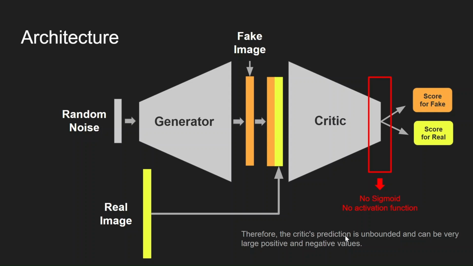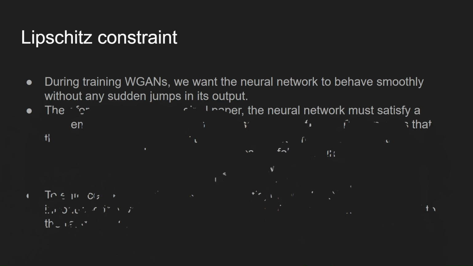So the critic prediction is unbounded and can take very large positive and negative values, and this gives rise to another concept which was introduced in the original WGAN paper, and that is the Lipschitz constraint. What does this Lipschitz constraint mean? During training of WGAN, we want the neural network to behave smoothly without any sudden jumps in its output.